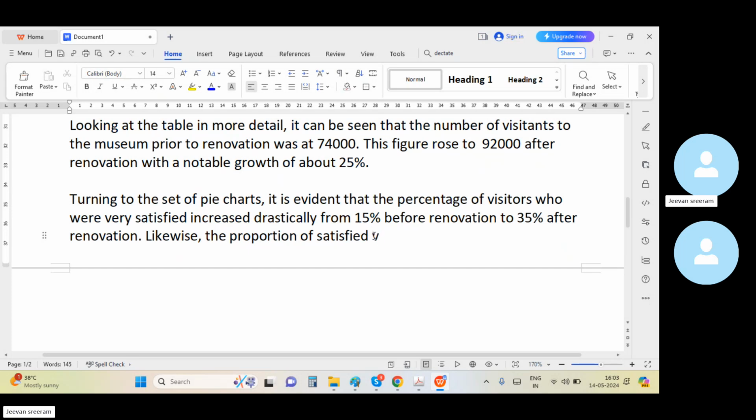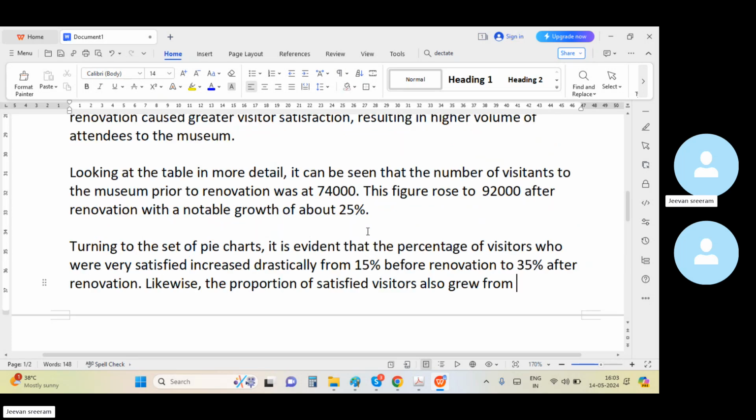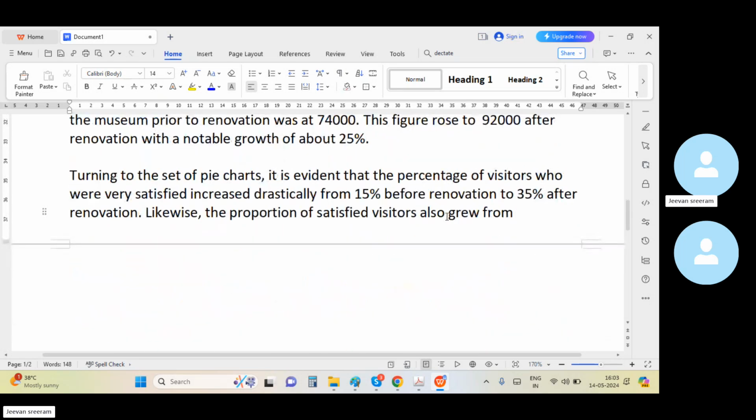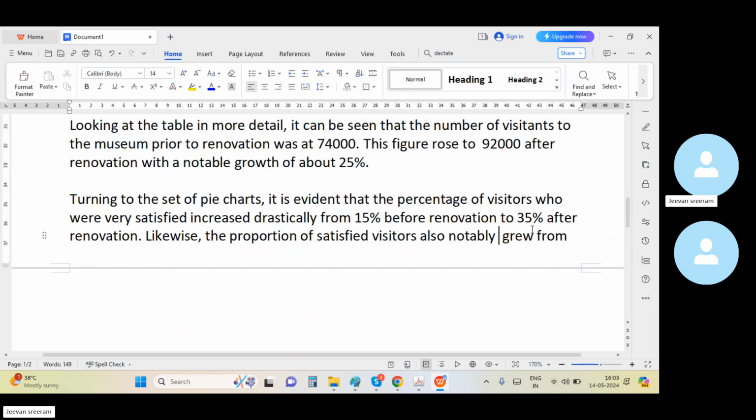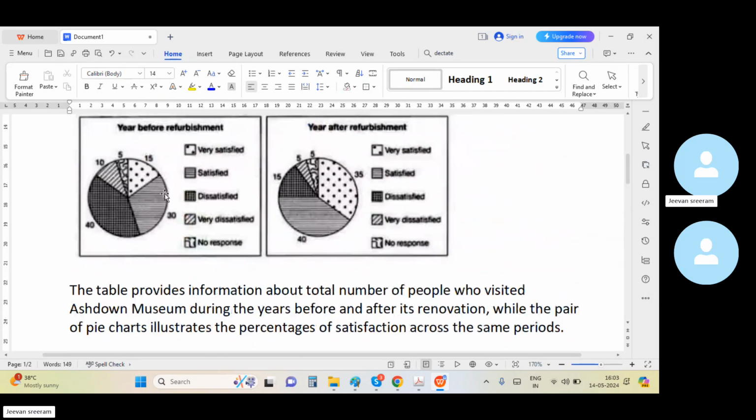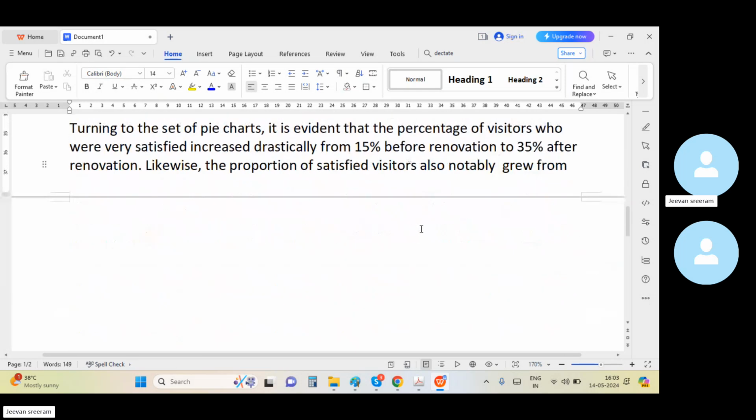The proportion of satisfied visitors also grew, right, significantly or notably, from 30% to 40%.